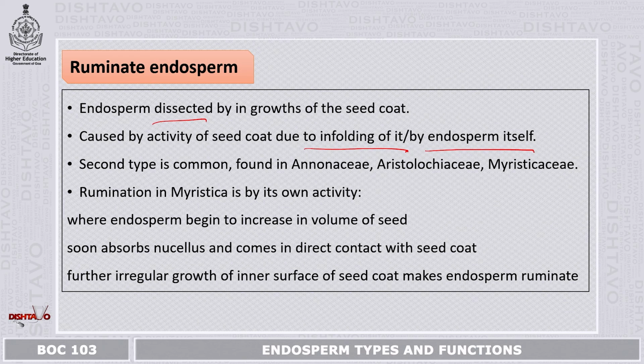The second type is found in Annonaceae, Aristolochiaceae and Myristicaceae. Now rumination in Myristica is by its own activity, that is where the endosperm begins to increase in the volume of the seed. It soon absorbs the nucellus and comes in contact with the seed coat. Further irregular growth of the inner surface of the seed coat makes the endosperm ruminate. Ruminate means the ingrowths which are caused by the seed coat or by the endosperm itself.